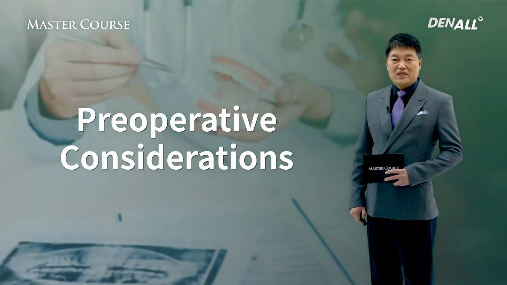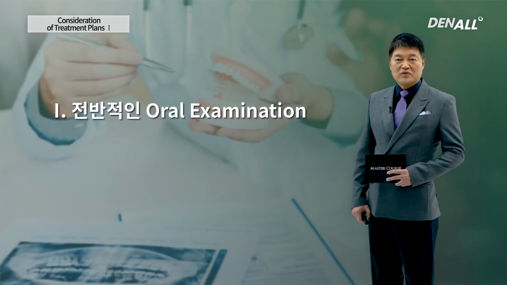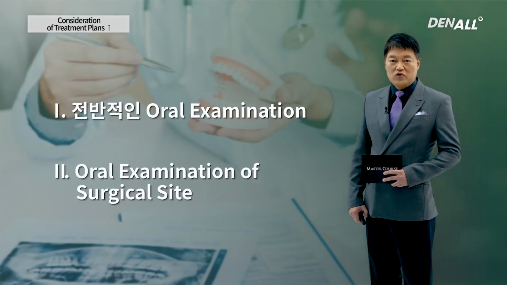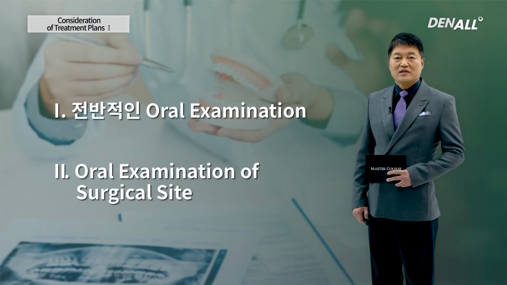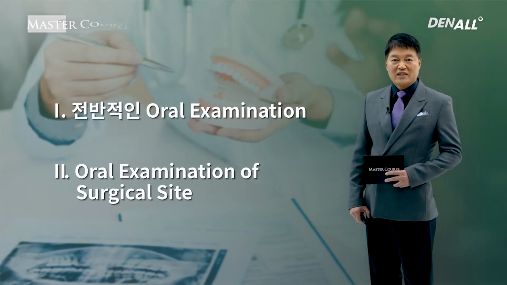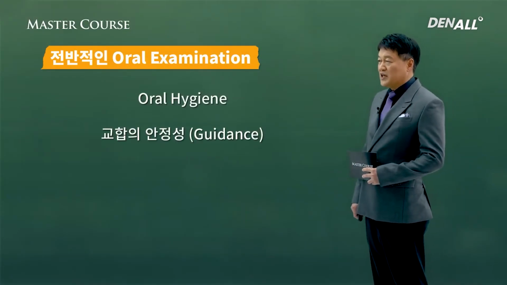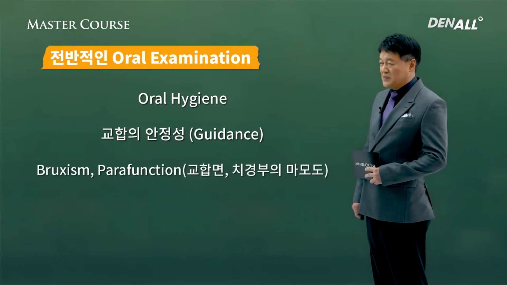First, preoperative considerations. First, general oral examination, and second, oral examination at the surgical site. Let's look at items to be checked during a general oral examination. The first is oral hygiene, the second is the stability of occlusion, and third is whether there is bruxism or parafunction.